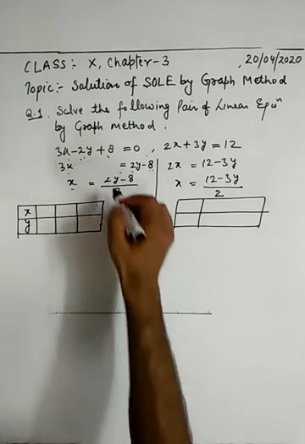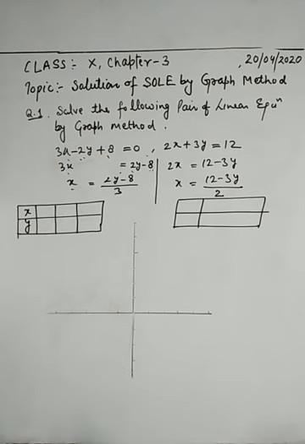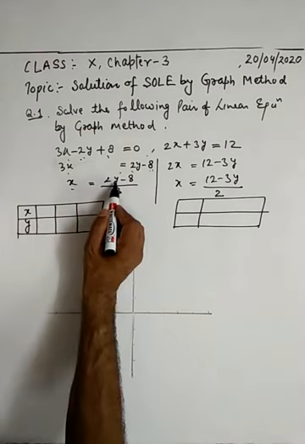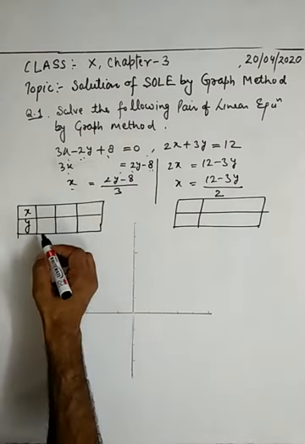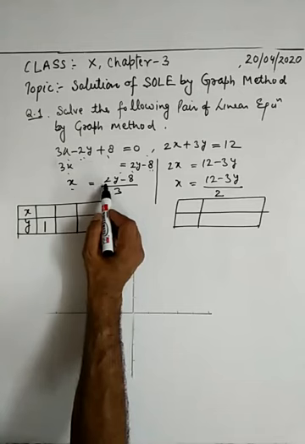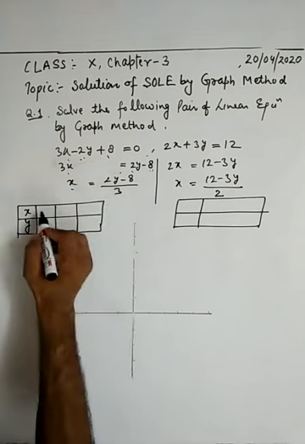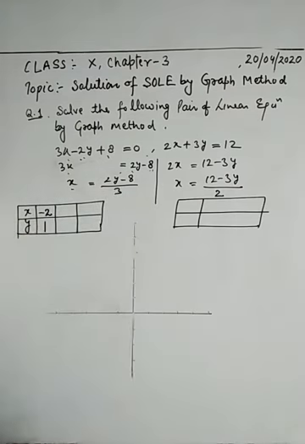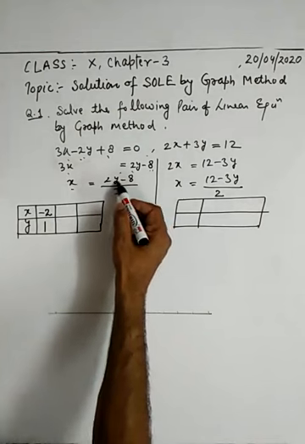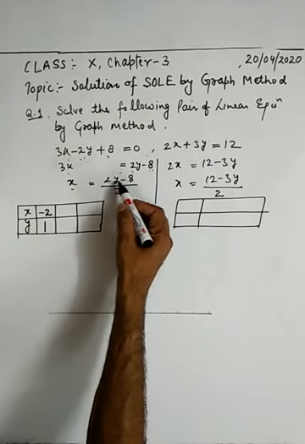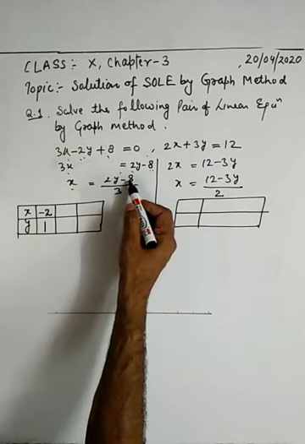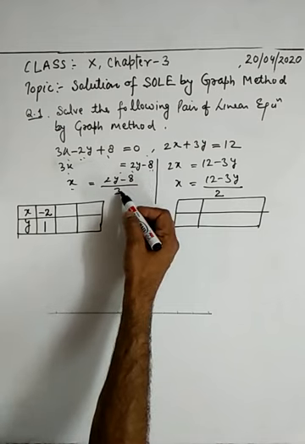First of all, we have to put such values of y so that the x value should not be in fraction form. I am putting y equal to 1. Then 2 times 1 is 2, 2 minus 8 is minus 6, and when divided by 3 we get minus 2. Again put y equal to 2: 2 times 2 is 4, 4 minus 8 is minus 4, divided by 3 gives minus 4 by 3.